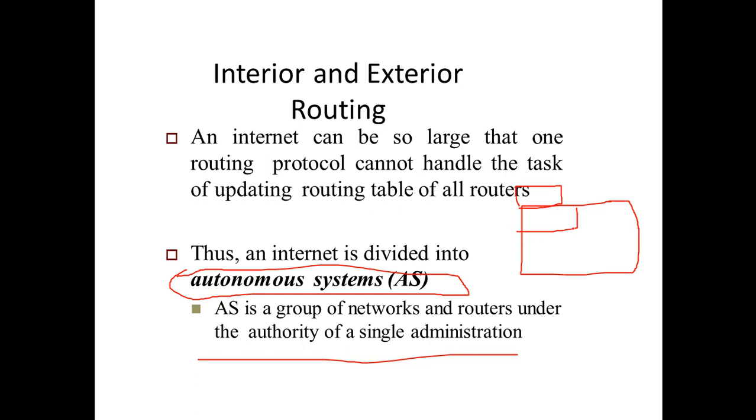There are, let's suppose, 4 or 5 other networks as well. We also discussed this in the course topic for subnetting, but all these subnets are controlled by a single administration, by a single authority. So these are autonomous system 1, autonomous system 2, AS3 and AS4, and this is your single administrator SA.